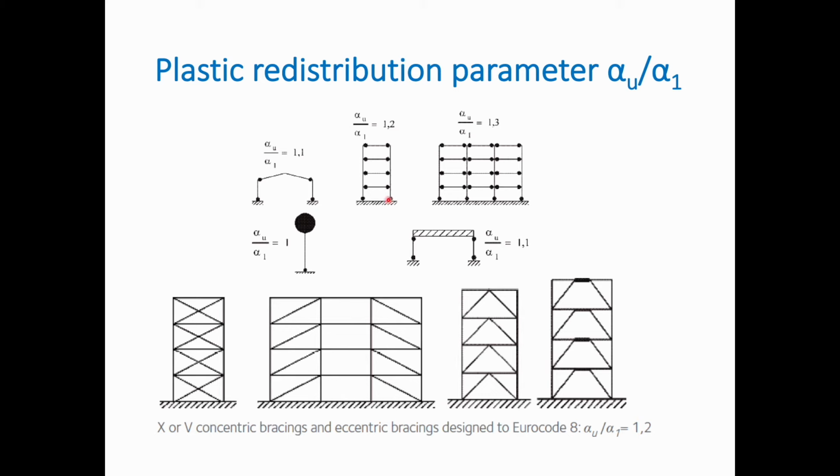As we go to higher buildings, that is increasing. When you have more bays, again, that factor, the plastic redistribution, is increasing. Again, reminding you that we cannot go to anything more than 1.6. For braced frames, concentric and eccentric, we have a plastic redistribution parameter equal to 1.2.